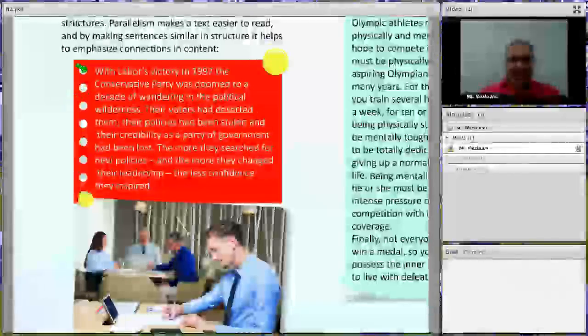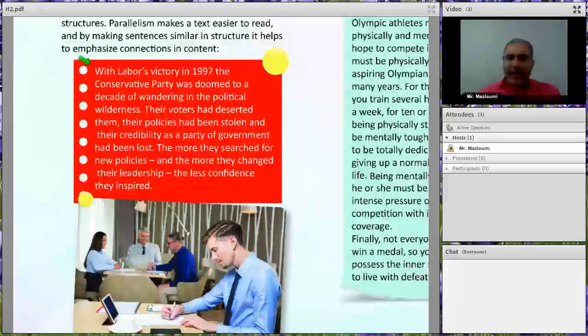Check out the sample paragraph here, guys. Again, I'd like to read it out. We'll discuss the new vocabulary and we'll focus on parallelism. Take a listen. With Labour's victory in 1997, the Conservative Party was doomed to a decade of wandering in the political wilderness.